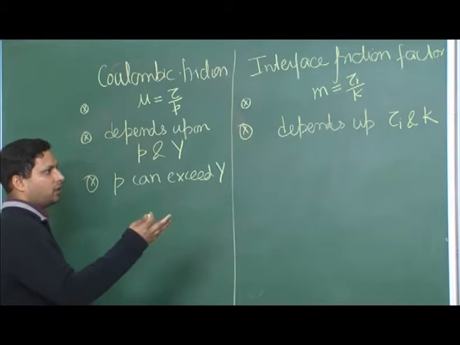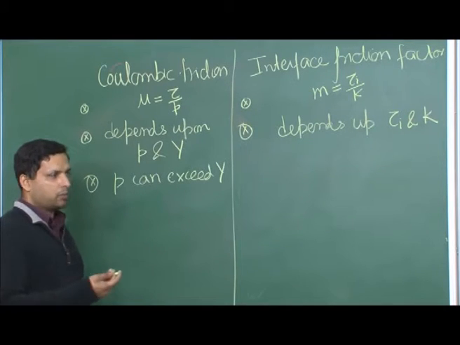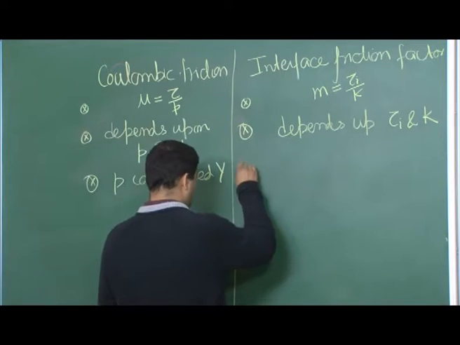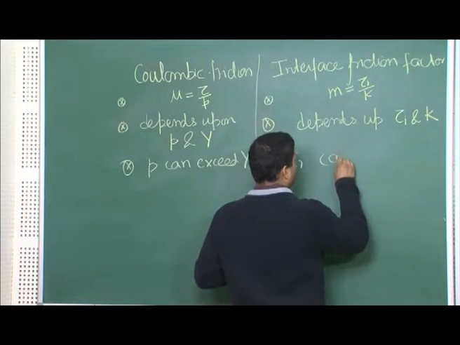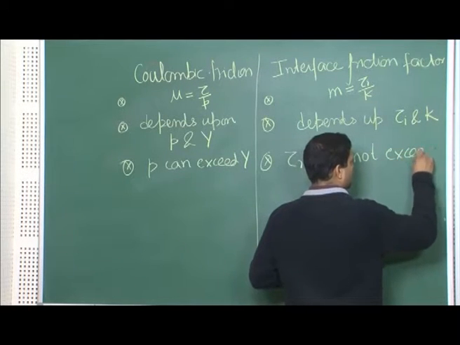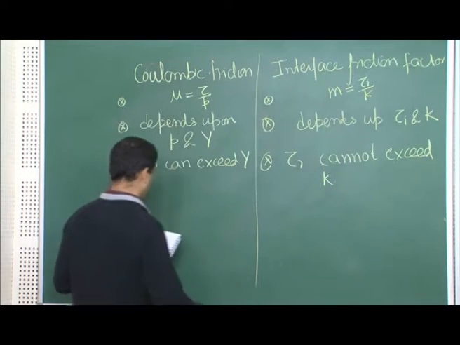In fact, it is higher than Y for most of the points, except at the lowest point, which happens to be on the outer edge. On the other hand, tau I cannot exceed K, which is the yield shear strength.